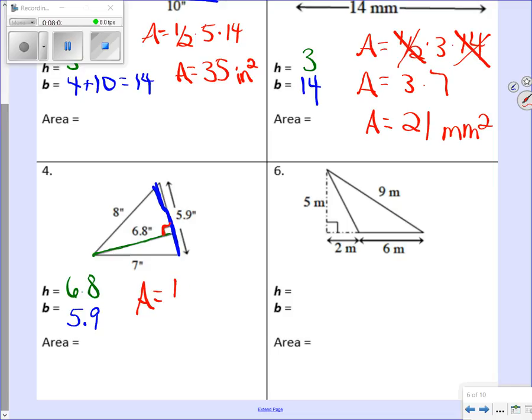Area equals 1/2 times 6.8 times 5.9. And again, these little quotation marks mean inches.